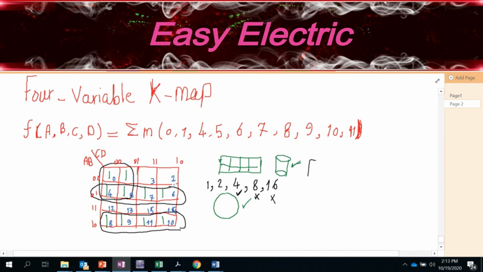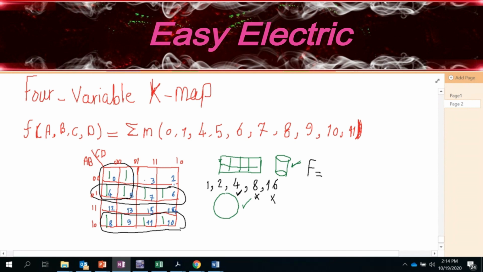Again, simplifying is the same thing we already know. First consider this group of 4, which is minterms 0, 1, 4, 5. So again, 0, 0 will get the prime, 0, 1, 1, 0 will be eliminated, and 1, 1 you keep that variable. So how about this 4?